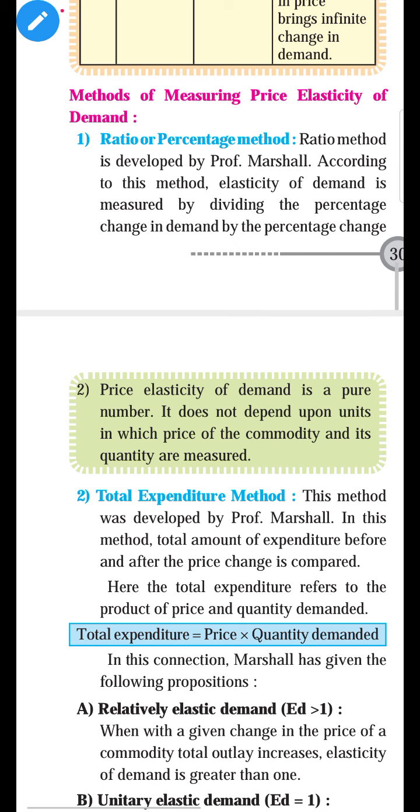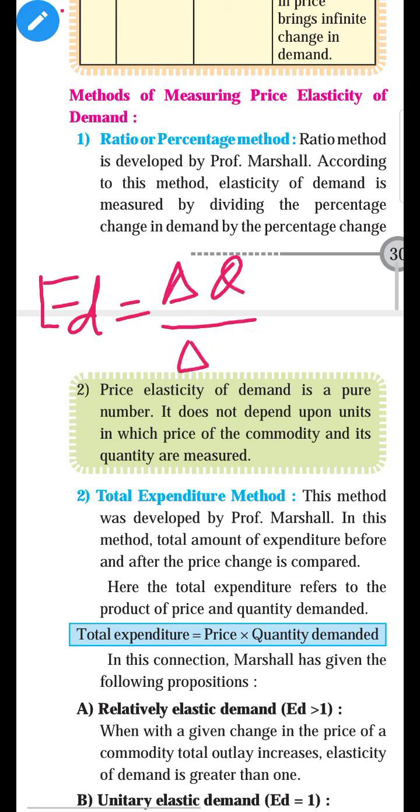Let us quickly recall the formula of the ratio method. The formula is quite the same: price elasticity of demand is equal to delta Q upon delta P into P upon Q. According to this equation, it means percentage change in quantity demanded upon percentage change in price.